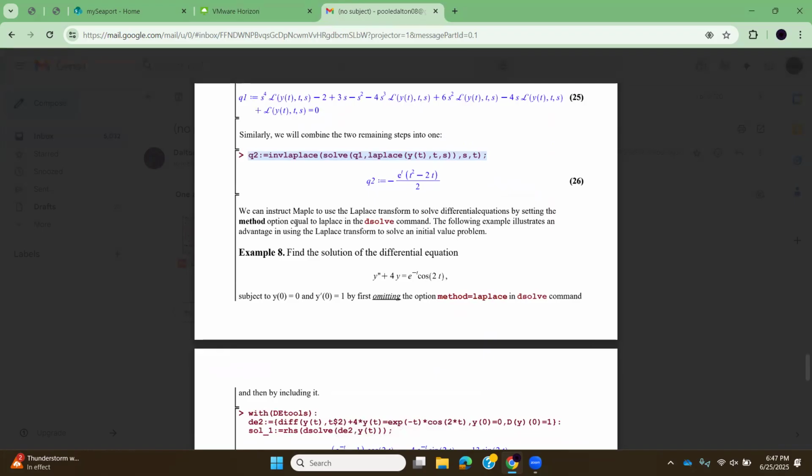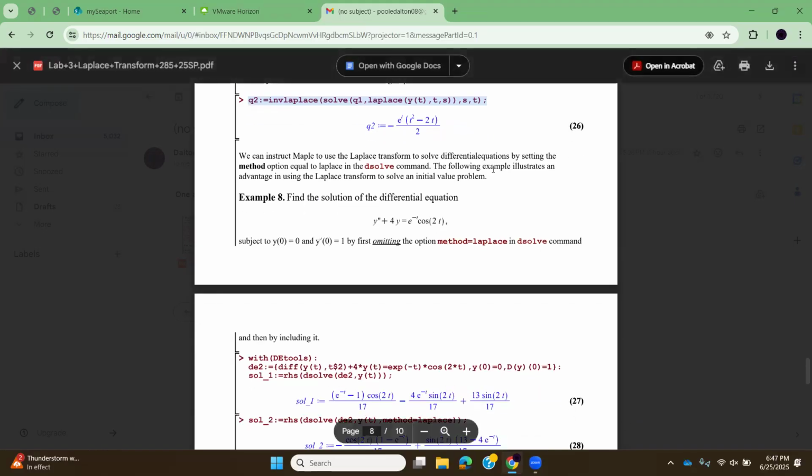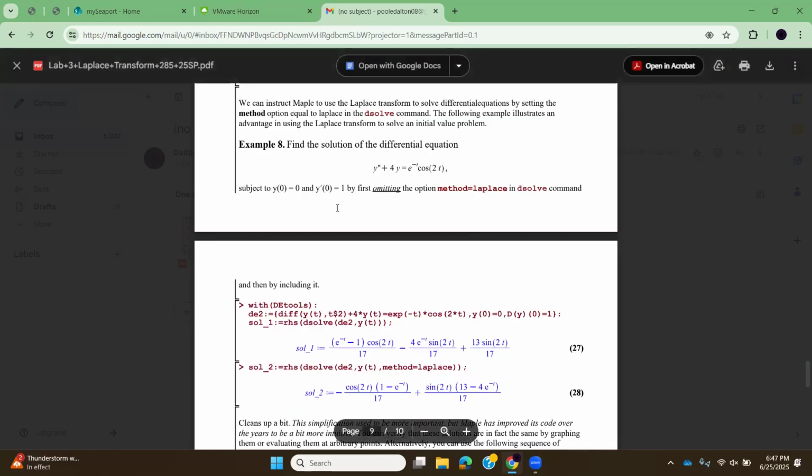We could also have it equal to Laplace in the dsolve command, and that's showing the advantage in using it to solve an initial value problem.